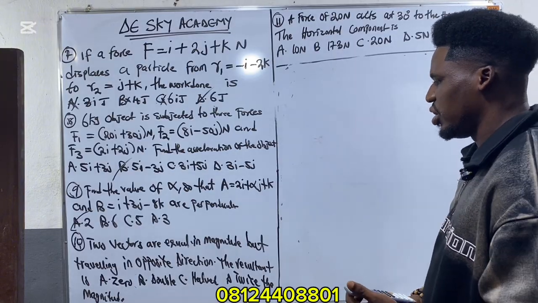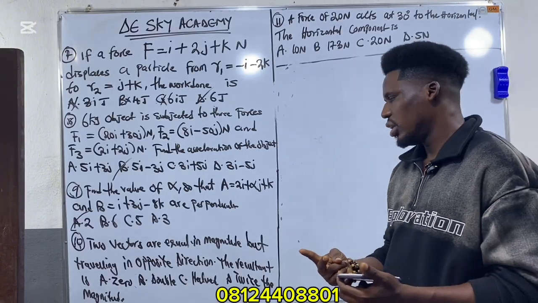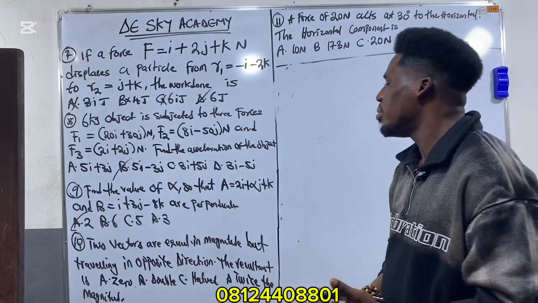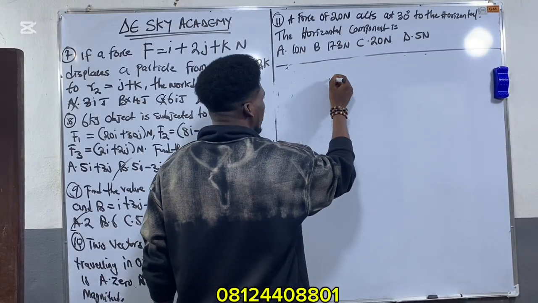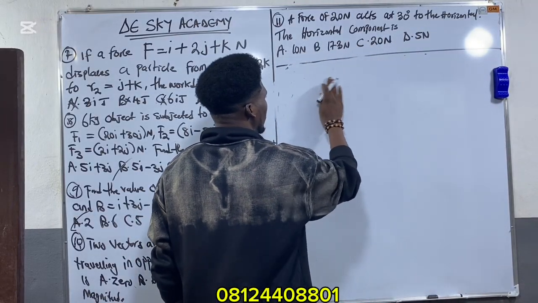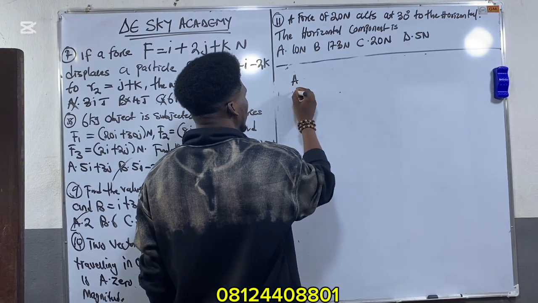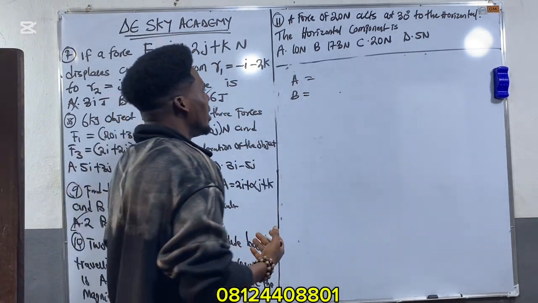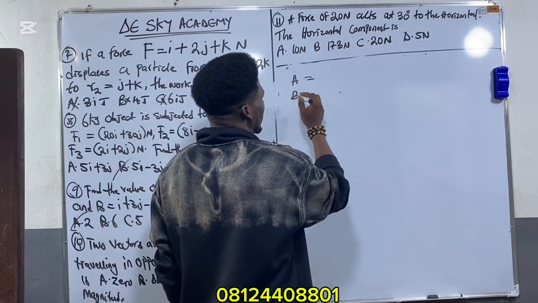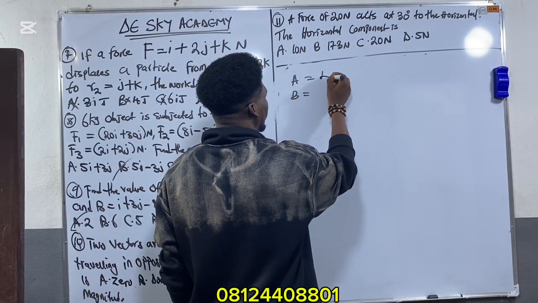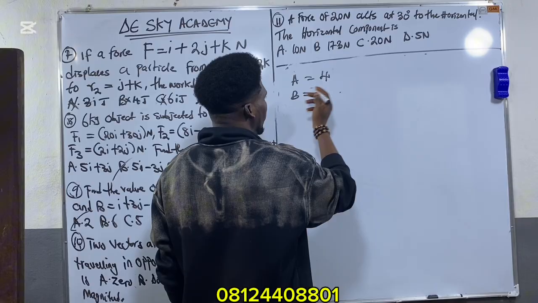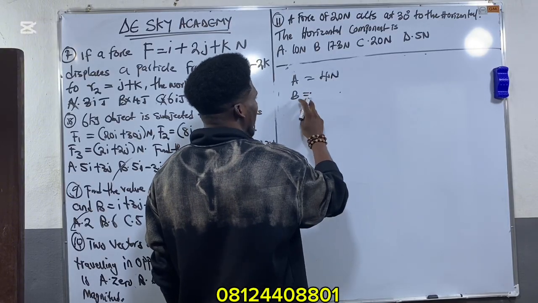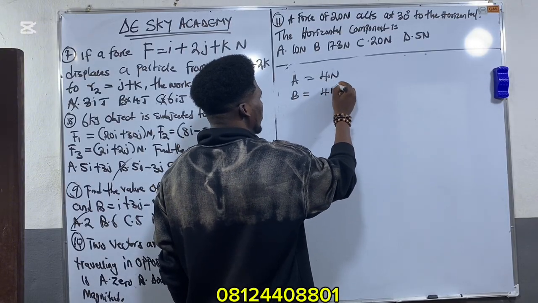Okay, let's analyze this question. I have two vectors and they say they are equal in magnitude. That means the magnitude is equal. These are the two vectors. Let me say this is vector A and vector B. If they are equal in magnitude, let me say vector A is 4 Newton and vector B is 4 Newton.